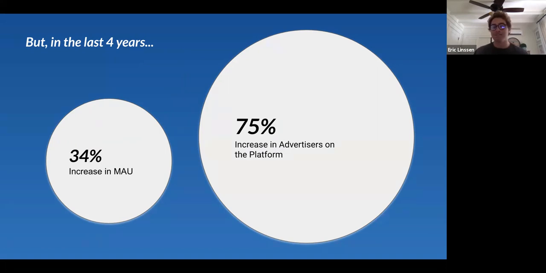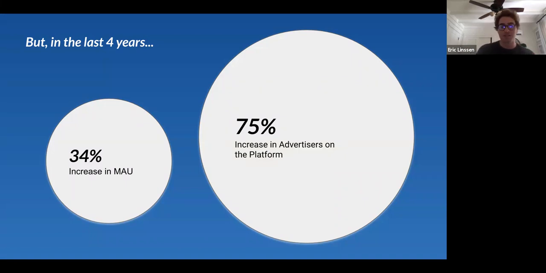Basically, that means more people are competing to show ads to more people, but at a slower rate. So cost per 1,000 impressions and cost per valuable action that people take after seeing your ads should all be going up, because there are more people competing for a scarcer resource.